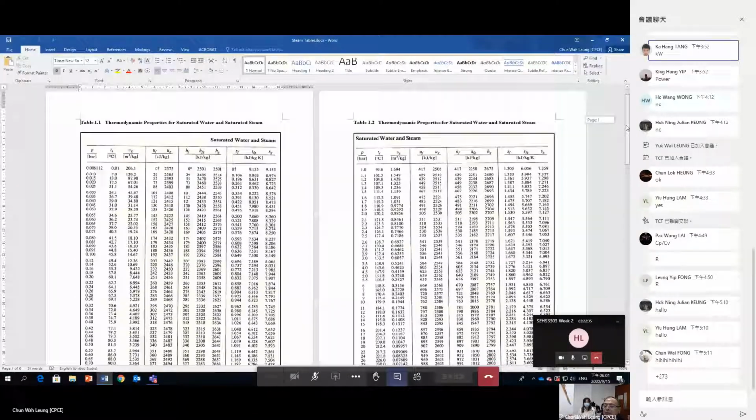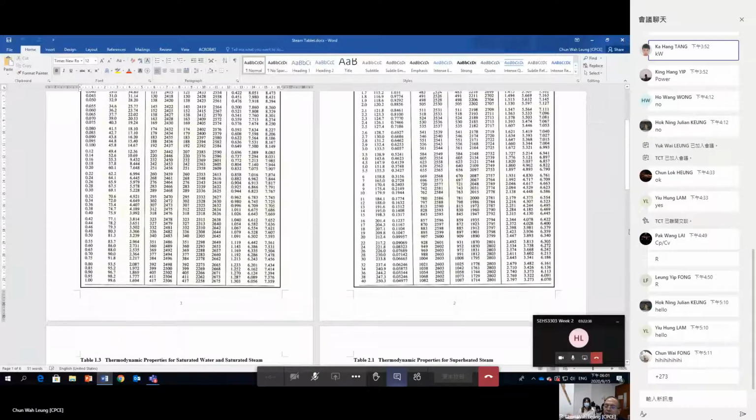Using the steam table, first, we need to identify what is this steam, or what is this H2O, a water, a wet steam, or a superheated steam. Therefore, the first thing to do is by comparison to identify what is each.